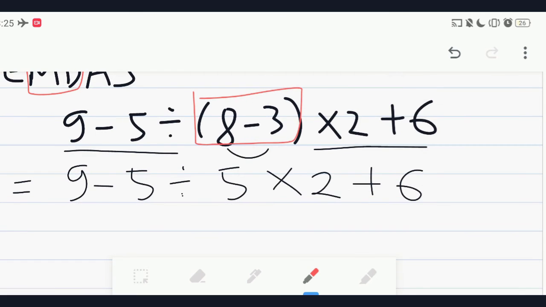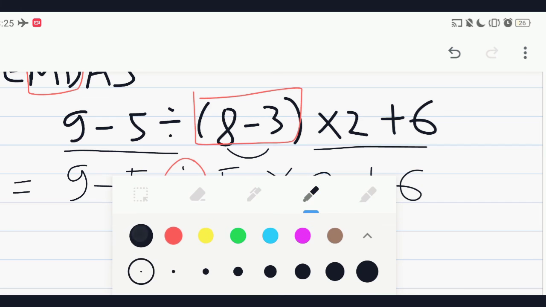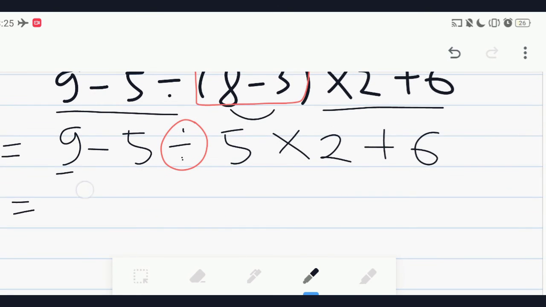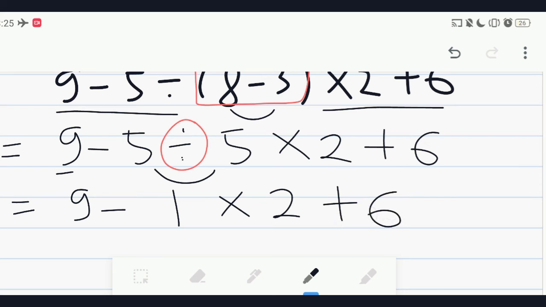From this one, which one do you see first? You see the division first, right? So you have to write the division first. Have you processed 9? Not yet, right? If not yet, you have to rewrite it. So 9 minus, do this one, so 1 times 2 plus 6.